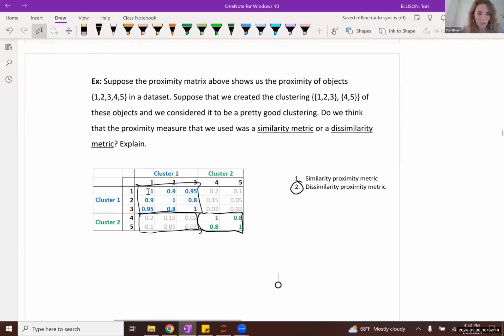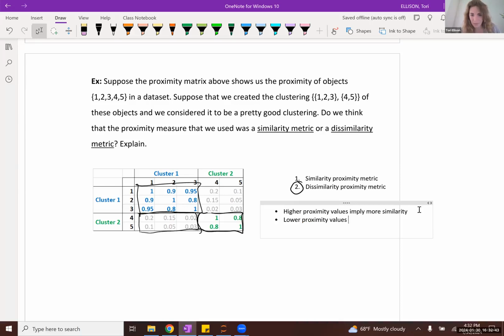So basically, because these are all relatively higher numbers, what that means is that higher proximity values imply more similarity. Lower proximity values imply less similarity.